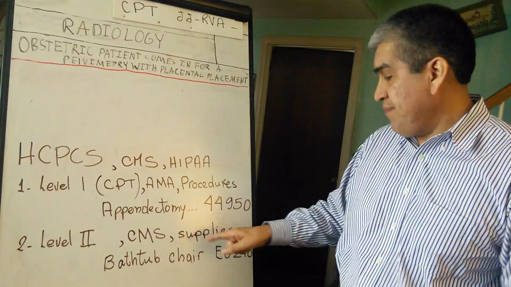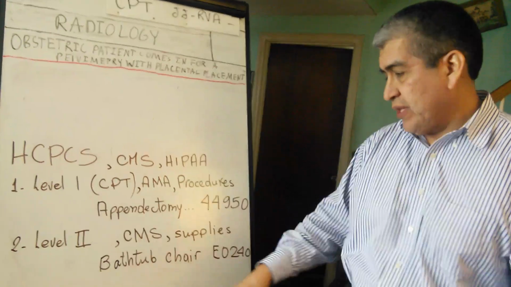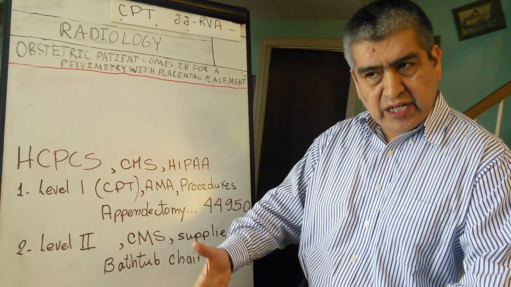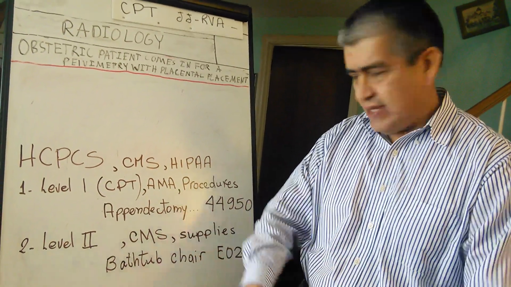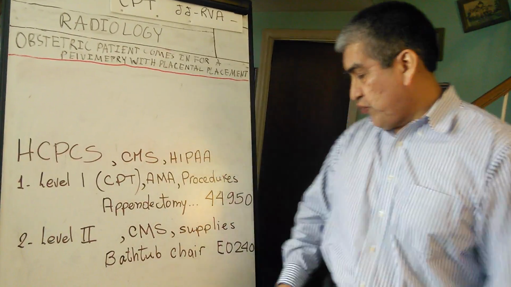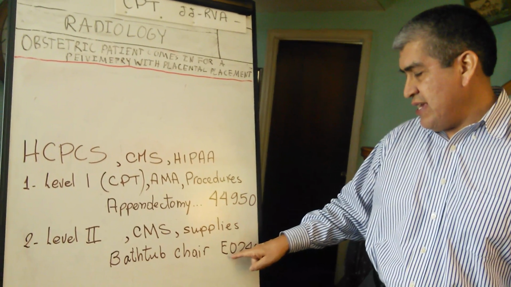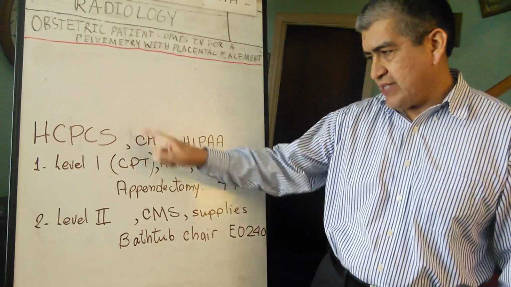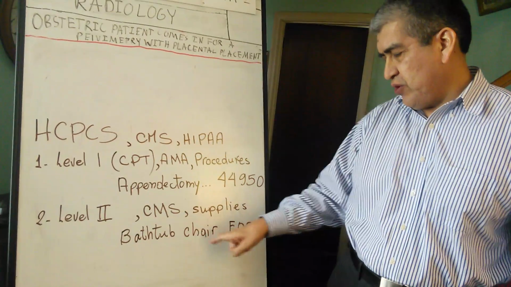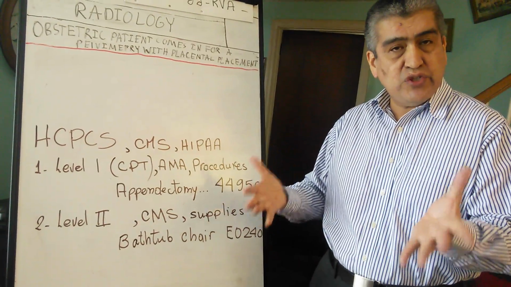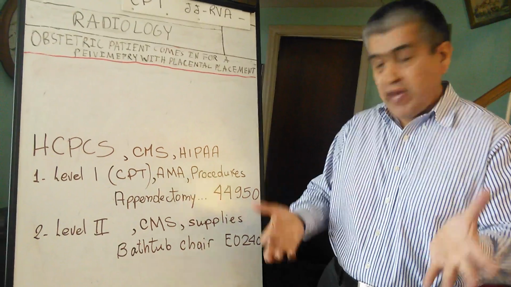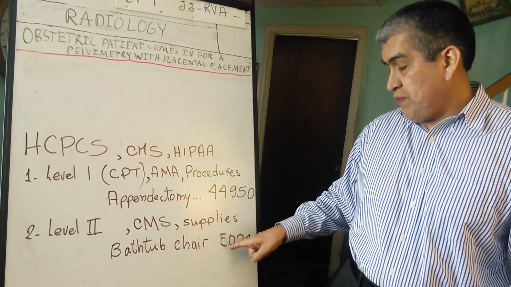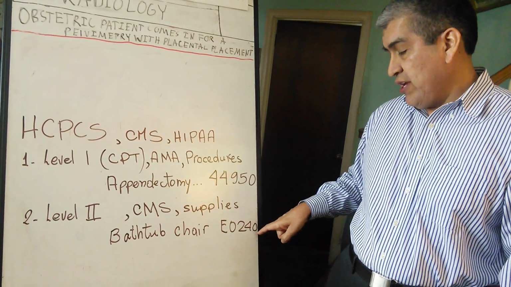For example, if the doctor orders a bathtub chair, a chair that you put in the bathtub so the patient can sit down, what is the code for that? The code is E0240. This is the HCPCS level 2 code for a bathtub chair. If you're telling an insurance that they need to pay for a bathtub chair, you're not going to tell them bathtub chair, you're going to tell them you need to pay for an E0240.